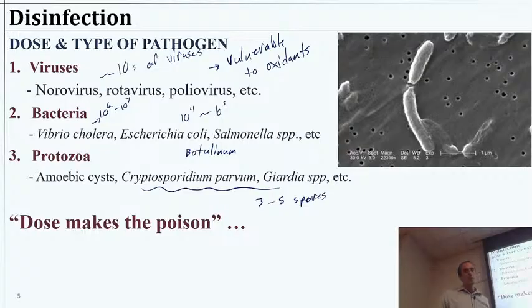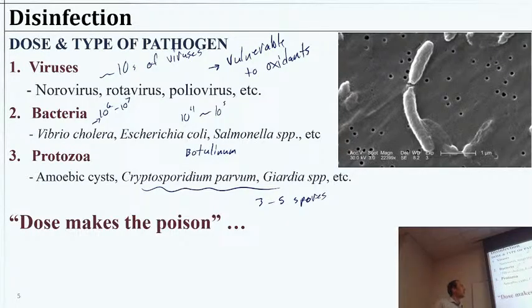These guys can be a little more problematic because protozoa have a thicker cell wall. They actually have a cell wall, not just a cell membrane like the bacteria. And they can also protect themselves from harsh environments by encysting themselves with an extra thick wall until the environment improves.